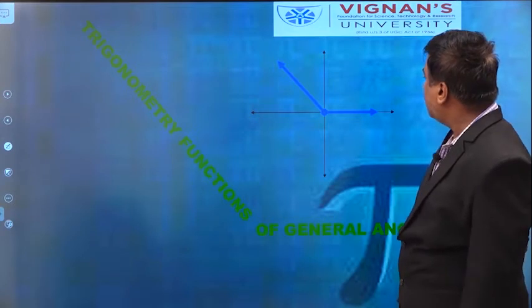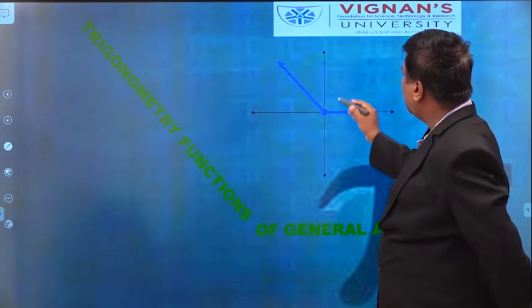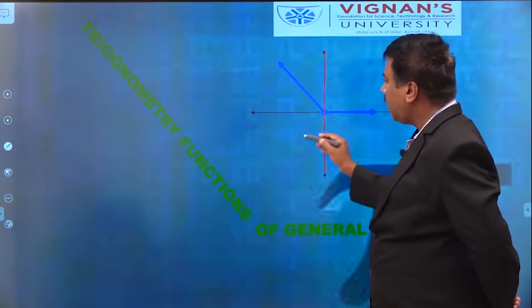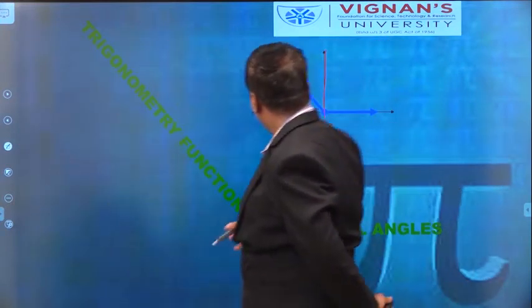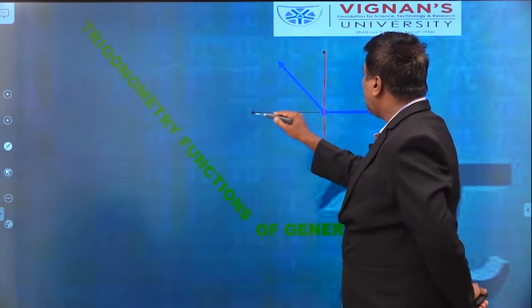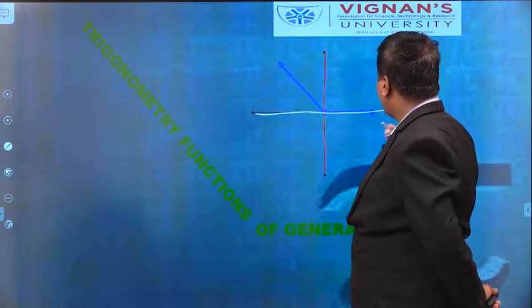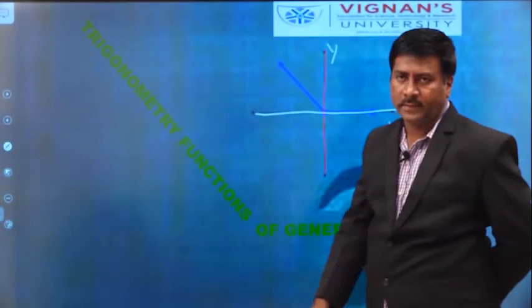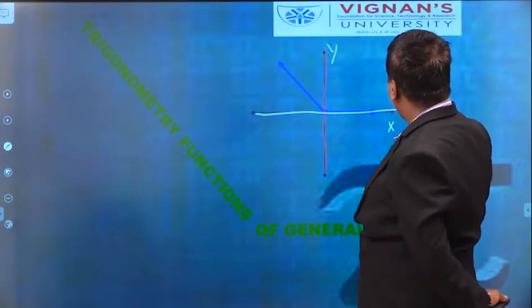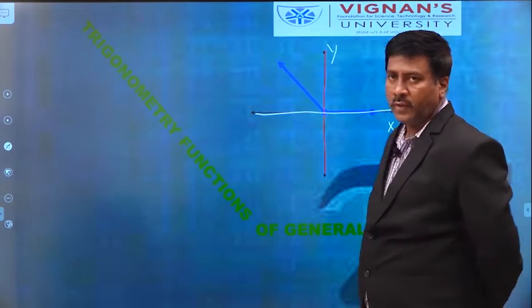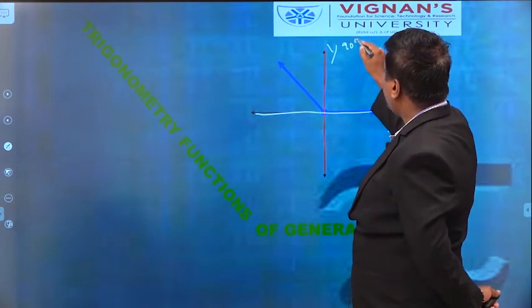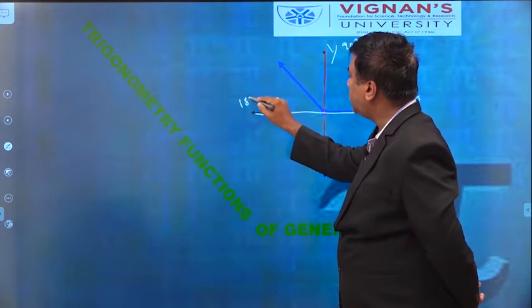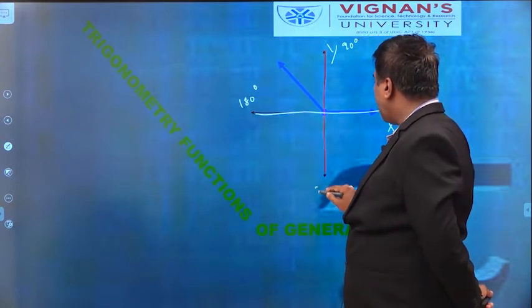Suppose this is the horizontal coordinate plane. The horizontal line we assume as the x-axis and the vertical line we call the y-axis. This is 0 degrees, we start with 0, this is 90 degrees, this is 180 degrees, and this is 270 degrees.